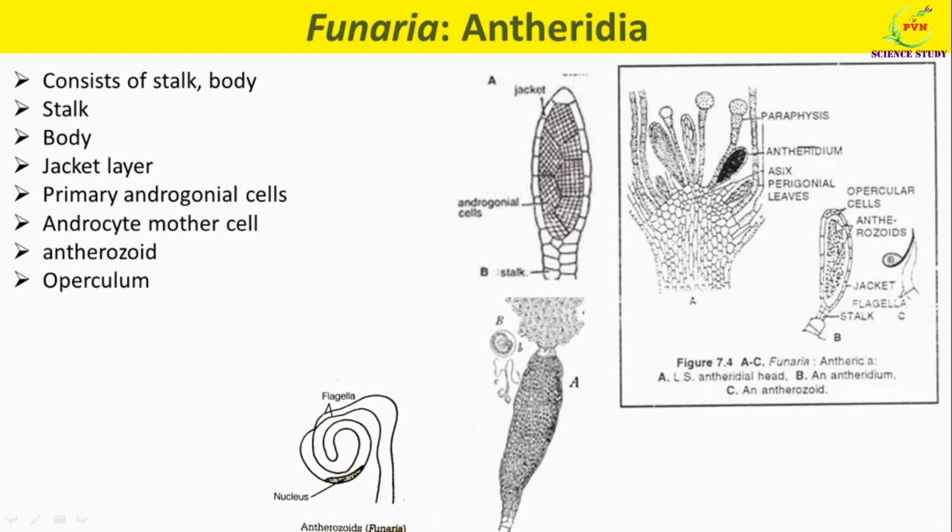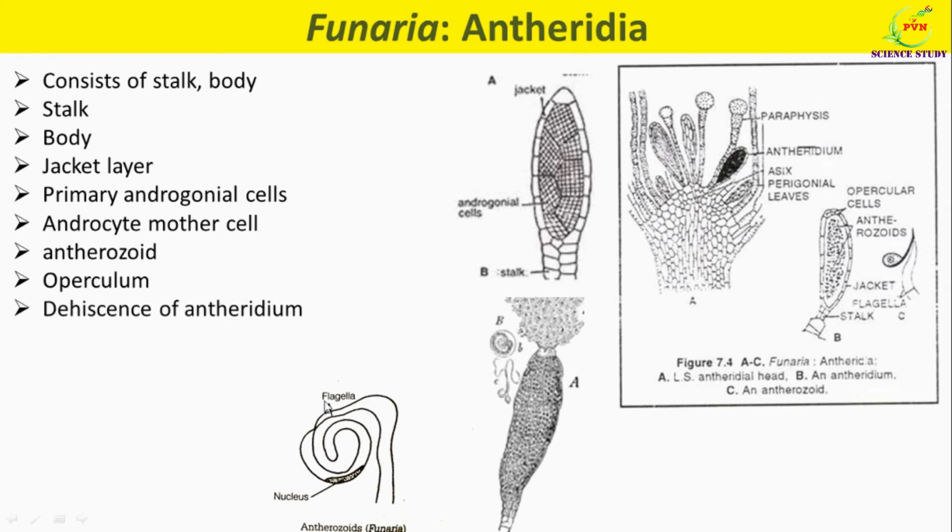At maturity, a few apical cells of the jacket become hyaline, large and thick-walled, forming a cap-like structure called the operculum. So as you can see here, these are the opercular cells which form the operculum. This operculum helps in the dehiscence of the antheridium.